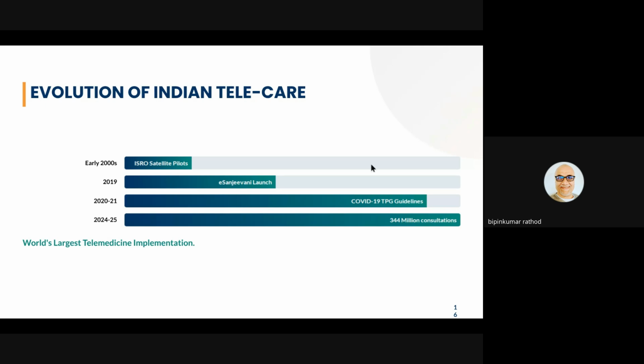So how our Indian telecare evolution has happened in the last 25 years, we already reviewed in our last lecture yesterday. But right now, India has the world's largest telemedicine implementation.